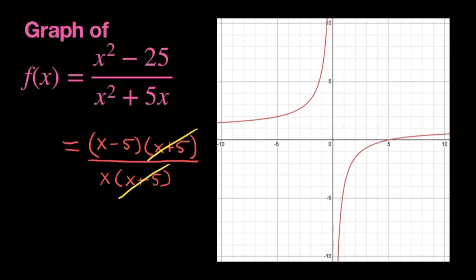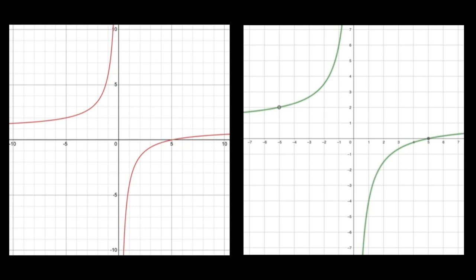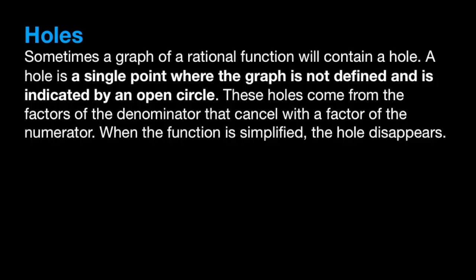Using a different tool, we're going to see how it was supposed to look. In this case, the green one is with GeoGebra, and you can see that there's a little tiny hole right there. So that means that our graph doesn't go through that point, but it gets really close to that point. So instead of creating an asymptote, now we're creating a hole. And that is the next part of the lesson.